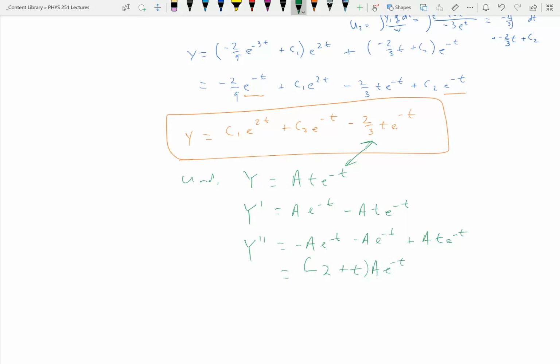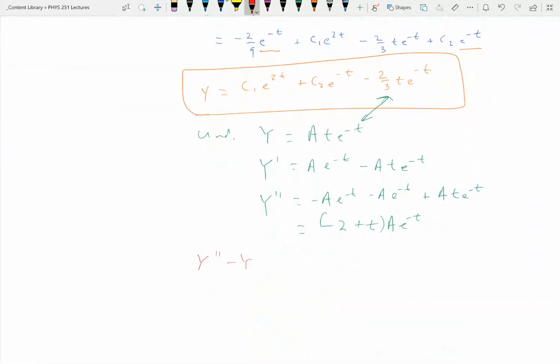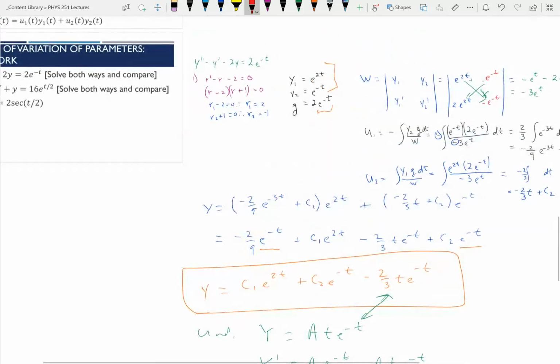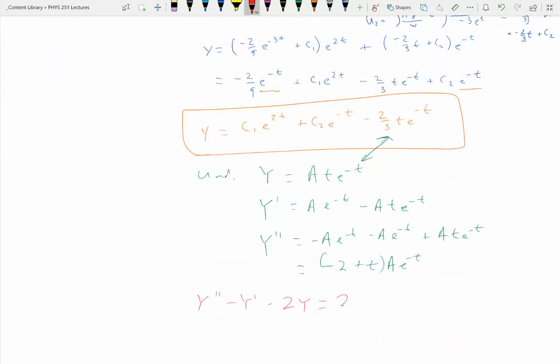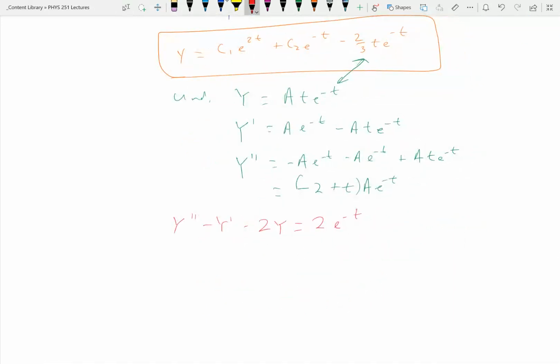So now we put it into our original differential equation. I would have y double prime minus y prime minus 2y should equal my g, 2e to the minus t.